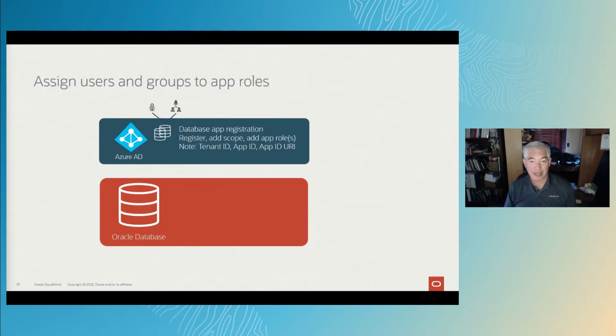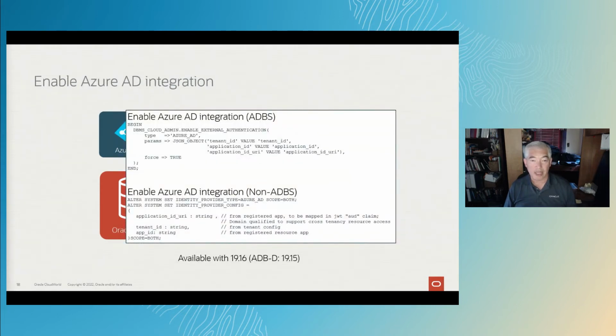As talked about in the last slide, the next step after registering the database with Azure AD is to assign users and groups to the app roles you added to the database registration. That covers the database registration in Azure AD, and now we move to the Oracle database and configure it for Azure AD integration. There are 2 system parameters that need to be set for Azure AD integration to work.